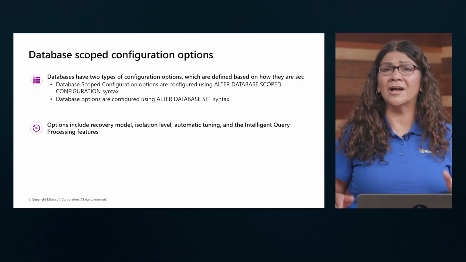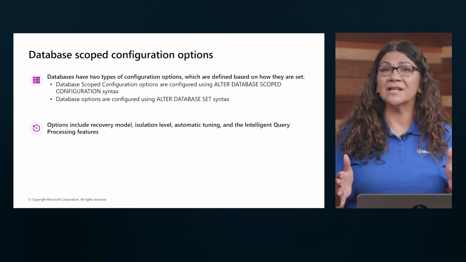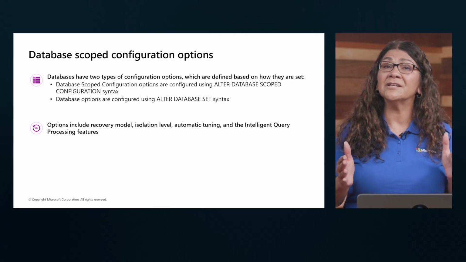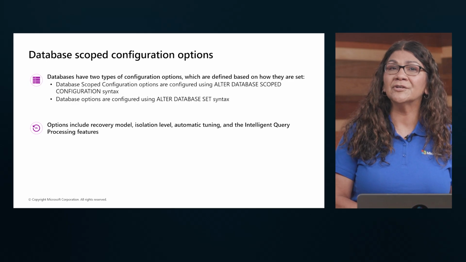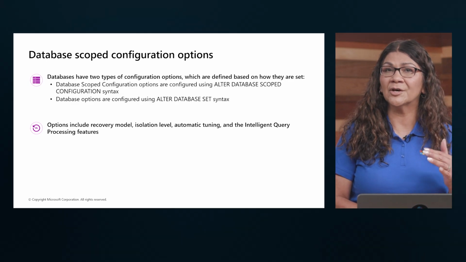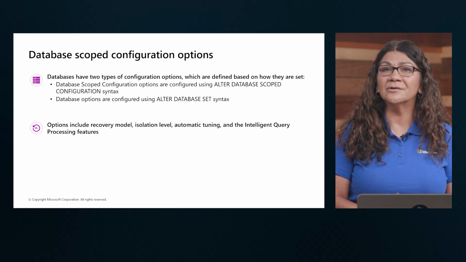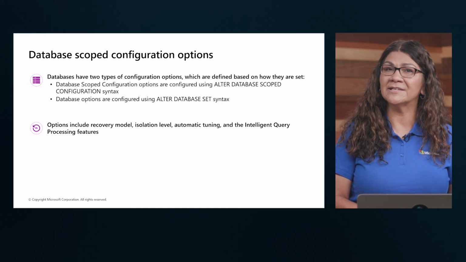Here we see an outline of how SQL Server databases can be fine-tuned using two types of settings, those configured via ALTER DATABASE SCOPED CONFIGURATION and those via ALTER DATABASE SET.